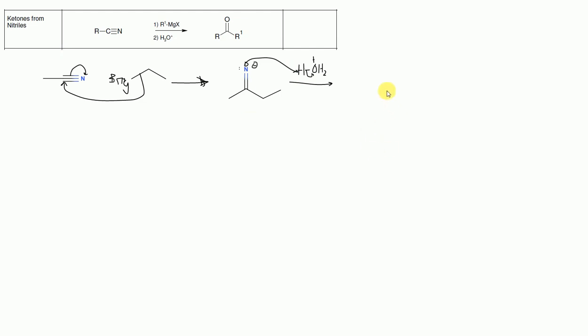I will get this now, which is the same, except now there is a hydrogen here. So now the nitrogen is neutral. What, you may ask, follows after this step?